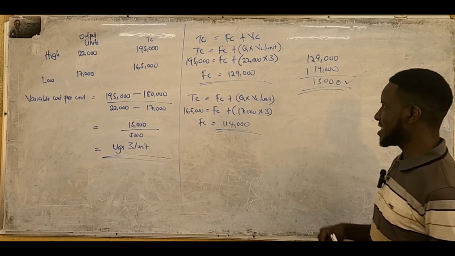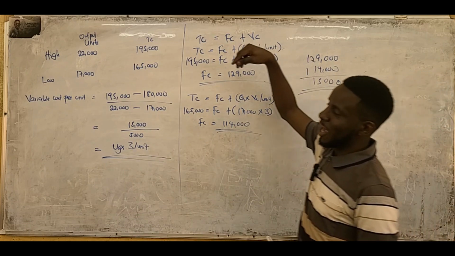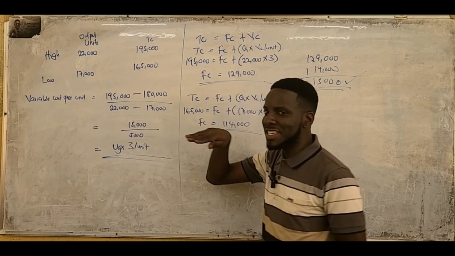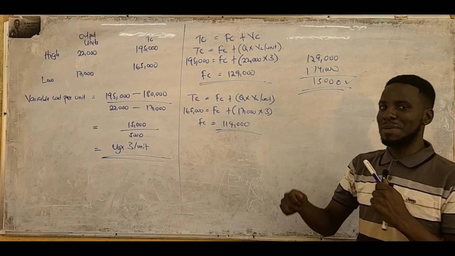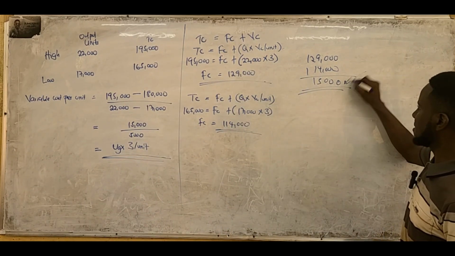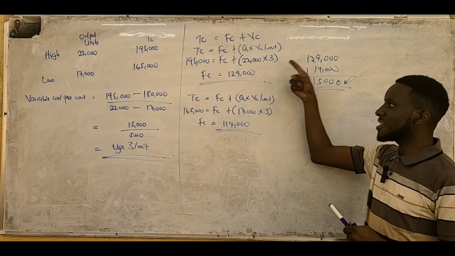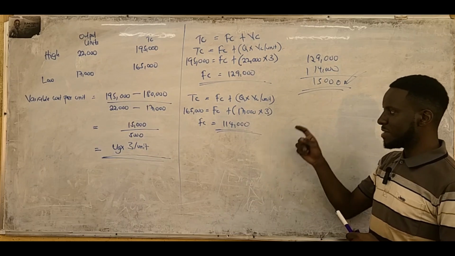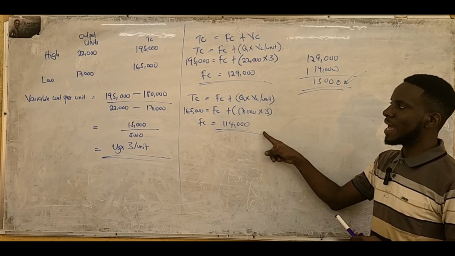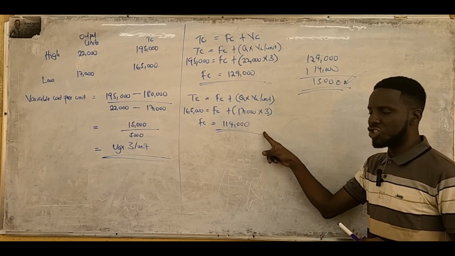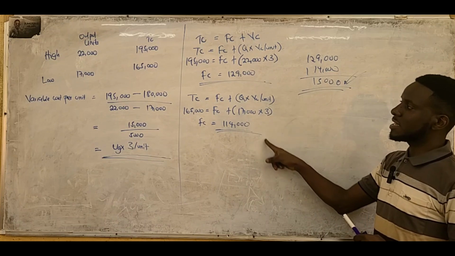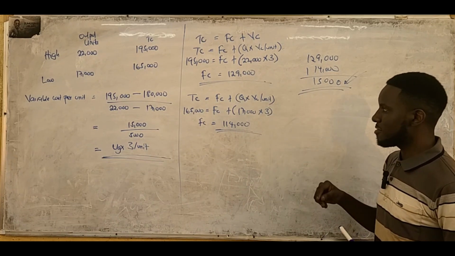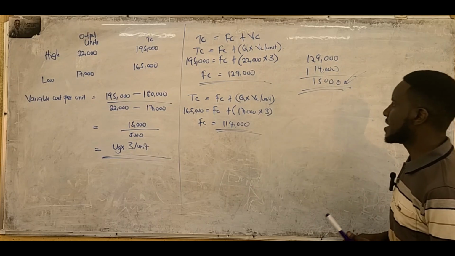So the question was telling us that when the output levels exceed 19,000 units, there's a step up of 15,000. Isn't this the difference? So that's why we see that in fixed cost there's a step up. Because we exceeded the range, there was a step up of 15,000 in fixed cost, and this is the difference that we have here.